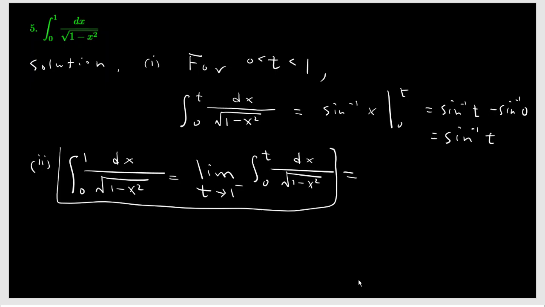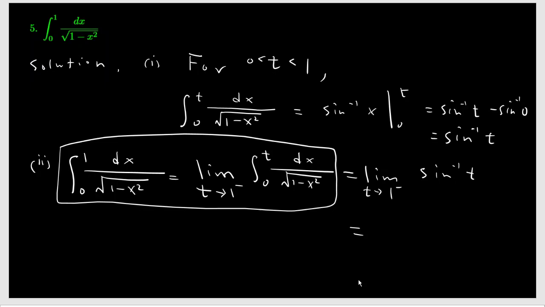Again, in the box is the definition of type 2 improper integral. So you just take the limit as t approaches 1 from the left of inverse sine of t. Inverse sine of t is an elementary function. To get the limit, all we need is to plug 1 into the function.